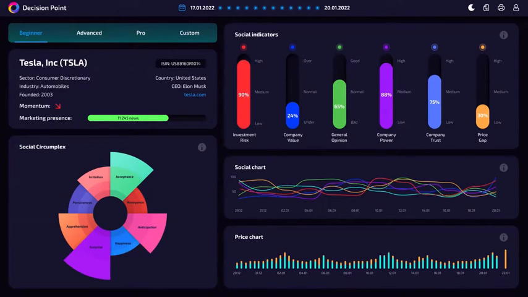And last but not least, on the social indicators mini dashboard, we have the price gap. This is an indicator that shows basically the discrepancy between the price prediction and the real price that actually was at market close. Of course, nobody can make a 100% accurate decision constantly. And of course, please remember, a trader and an investor usually take into account three components.